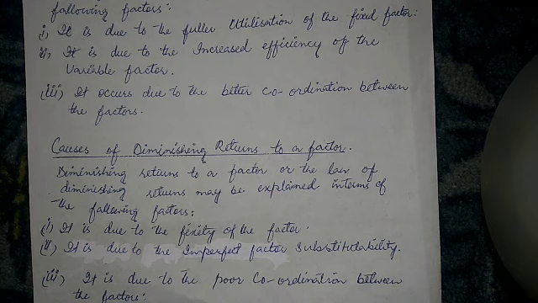Fixity of the factor is the principal cause that explains the occurrence of the law of diminishing returns. As more and more units of the variable factor continue to be combined with the fixed factor, the latter gets overutilized, hence the diminishing returns.